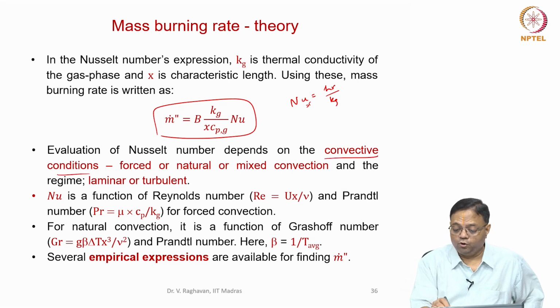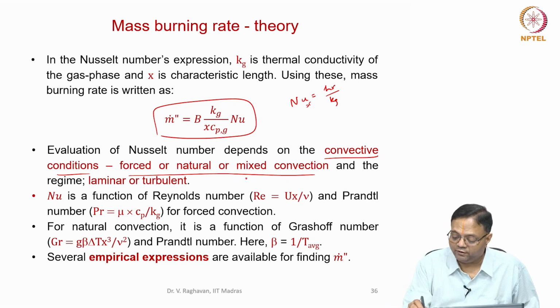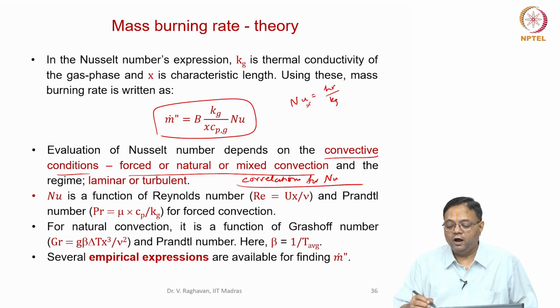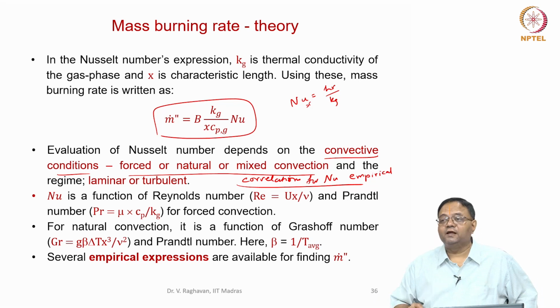Now, convective conditions, as I told you, there are two things: forced convection and natural convection. Whether it is laminar or turbulent, we need to use appropriate correlations for the Nusselt number. These correlations are empirical, based upon several experiments.